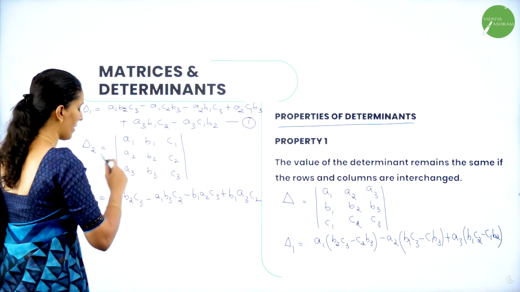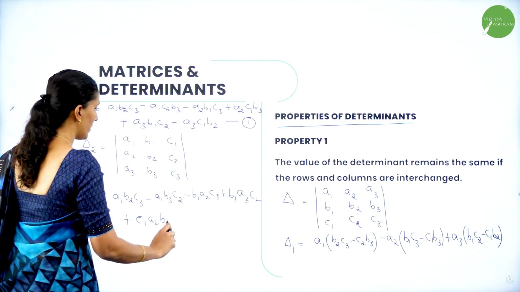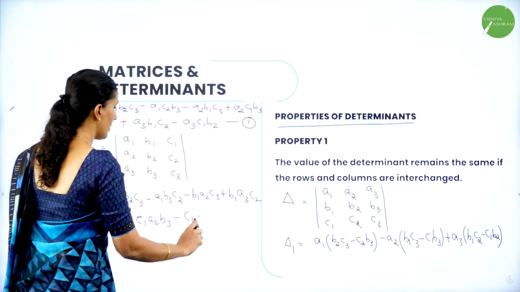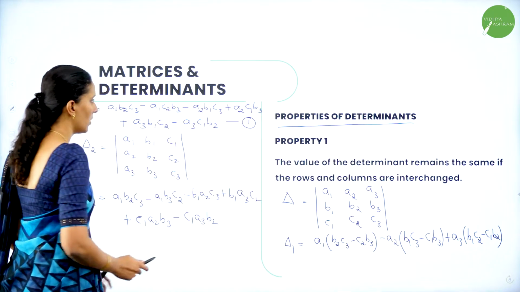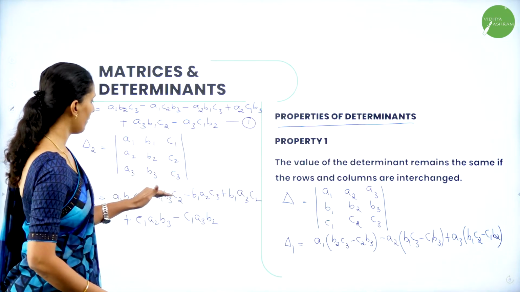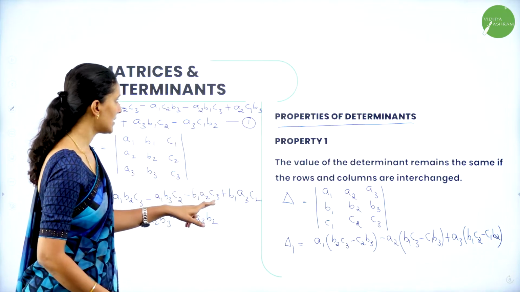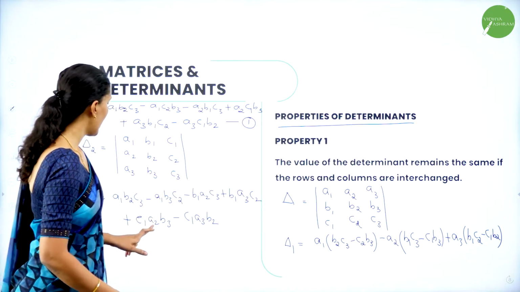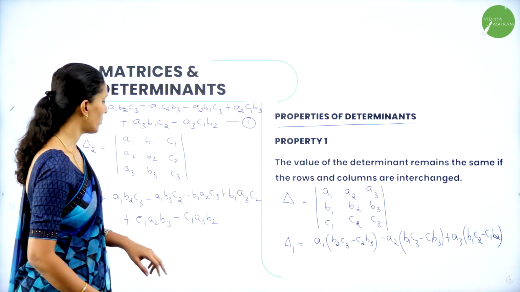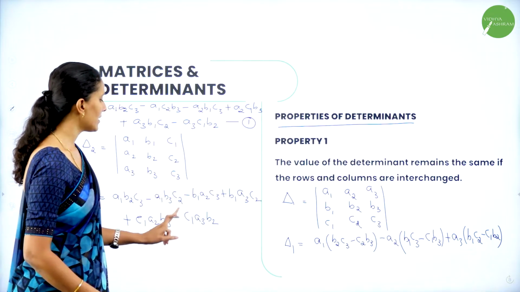Next we have C1: plus C1 A2 B3 minus C1 A3 B2. So you can clearly see you have A1 B2 C3, A1 C2 B3. Next you have A2 B1 C3, next A2 C1 B3. Next you have A3 B1 C2, A3 C1 B2.